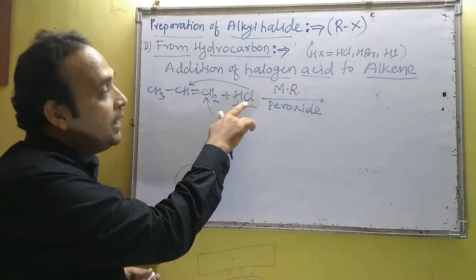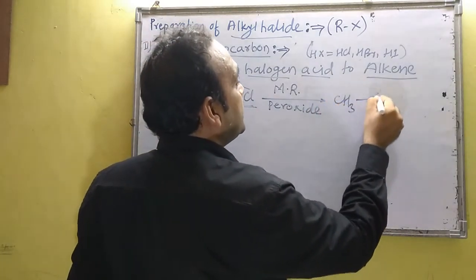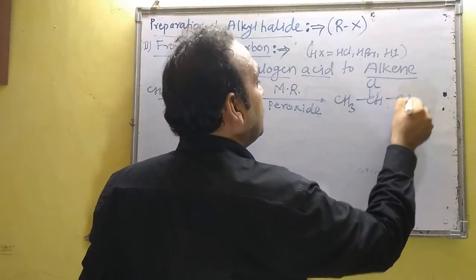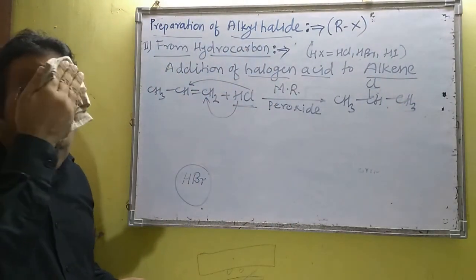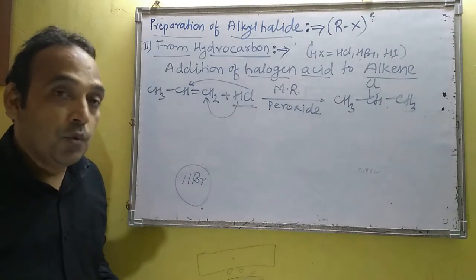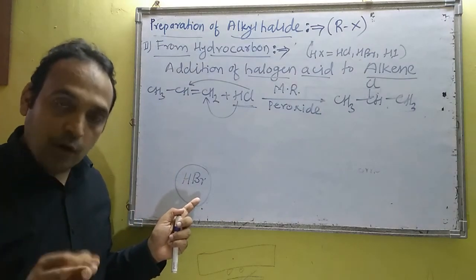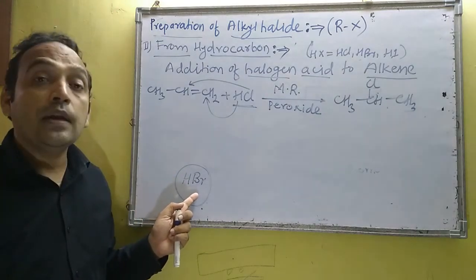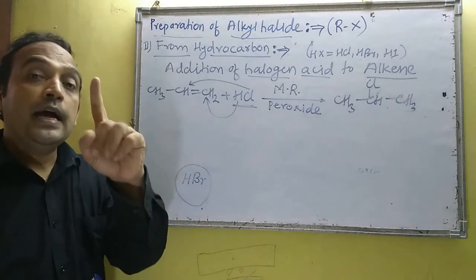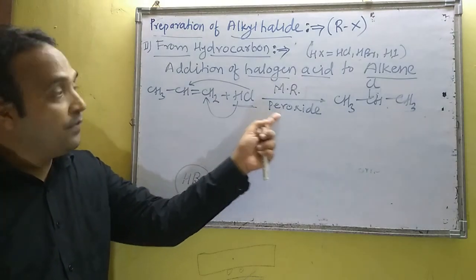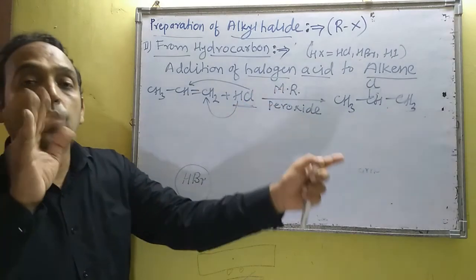H is positive and Cl is negative, and my product here is CH3 CHCl single bond CH3, meaning my product is 2-chloropropane. Now try to remember, Kharash effect, peroxide effect, is applicable to only HBr. It is not applicable to HCl and not applicable to HI. If peroxide is given and HCl or HI is given, addition will take place according to Markovnikov rule.